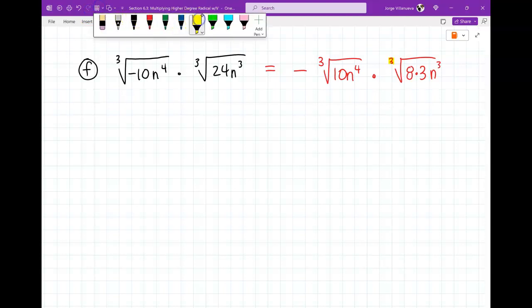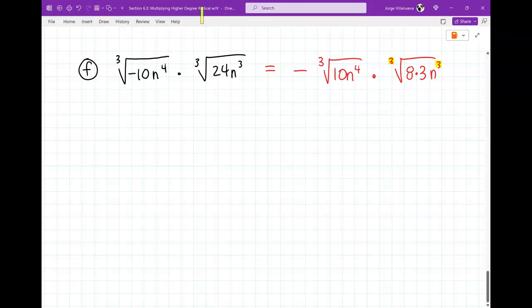But that has a matching index. That means I can take it out too. So I'm going to take it out and it's going to be cleanly removed. So negative cubed root of 10n to the fourth times, well, the cube root of 8 is 2. And then there's an n that's going to come out with it. And then the only thing left will be a cube root of 3.